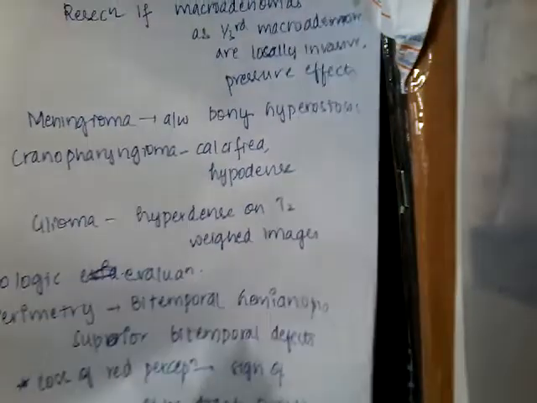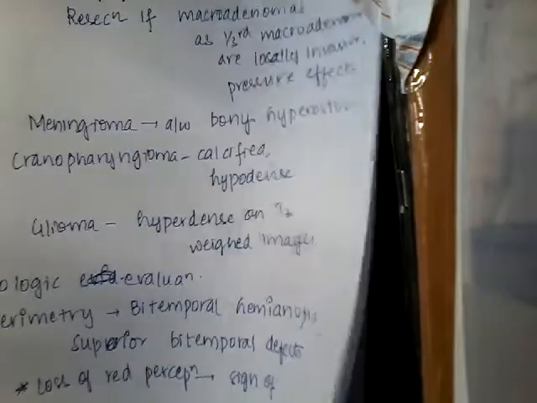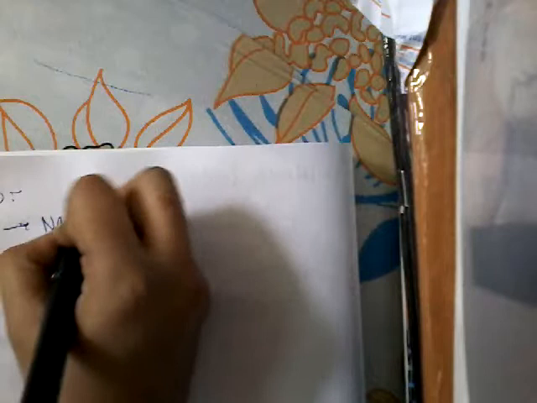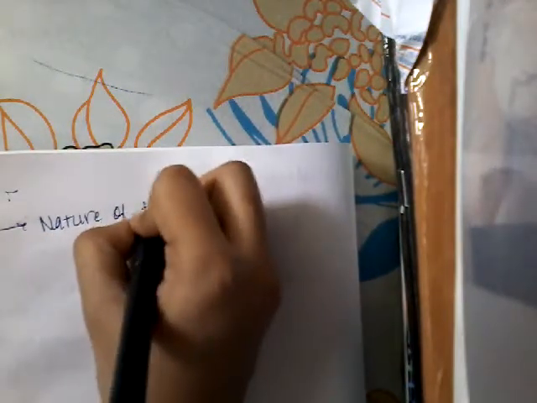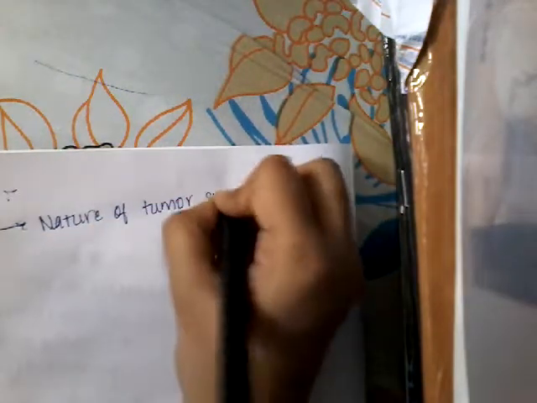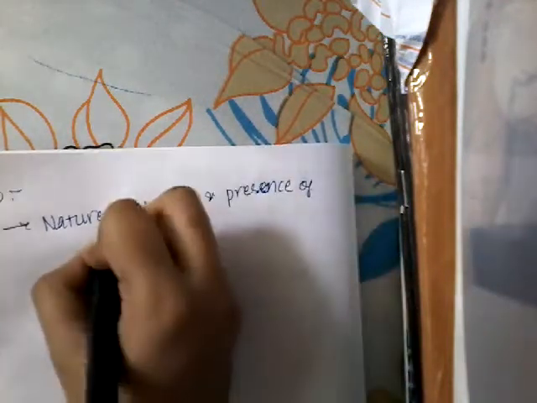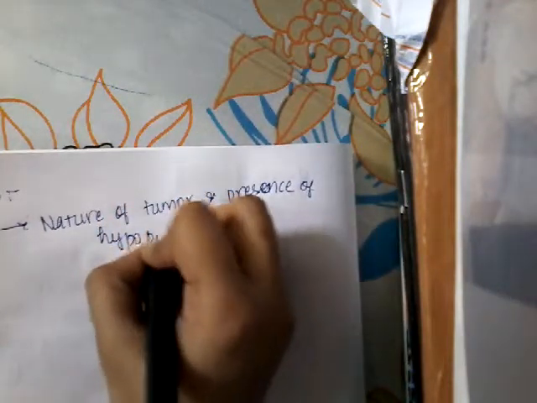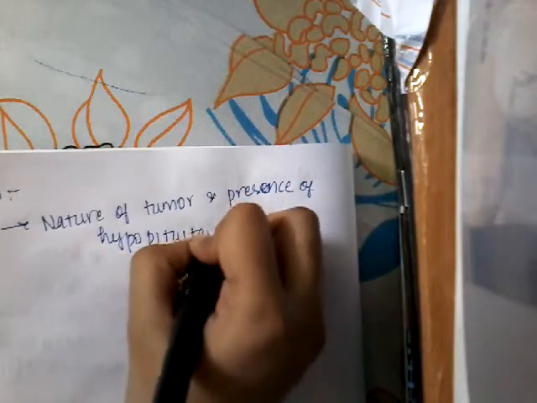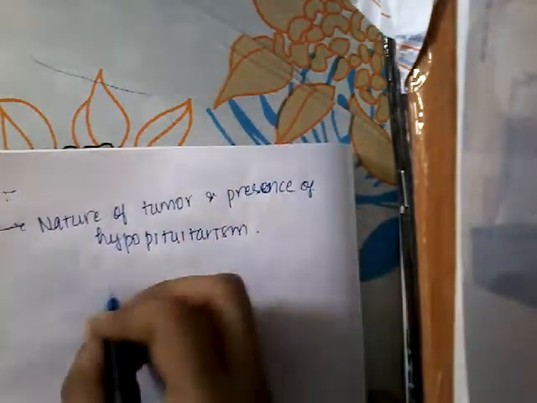And what are the laboratory investigations that you have to do? The lab tests include to know the nature of tumor and the presence of hypopituitarism. So here you will have to do 5 main tests.